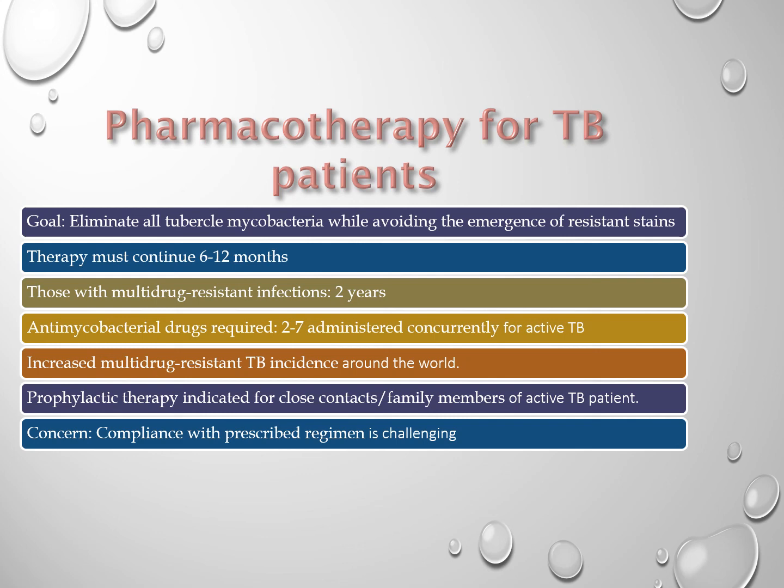Okay, and finally, the big challenge with patients taking multiple drugs, especially when they have multiple side effects, is compliance, right? So adherence to the medication regimen is really important to not only clear the disease, but to avoid resistant strains from developing.